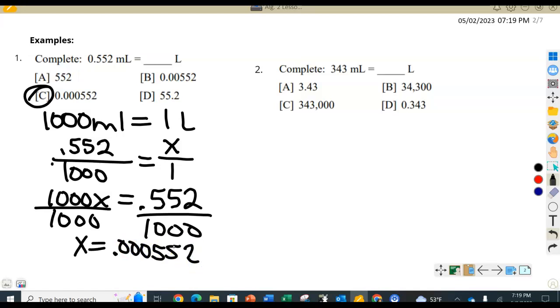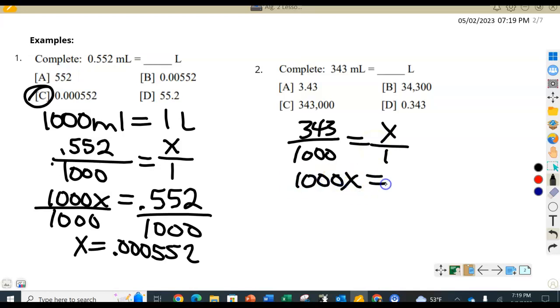Now number 2, same kind of problem. We're going to have 343 milliliters over 1,000 milliliters. We don't know how many liters yet, but we know that's over 1 liter. So we're going to have 1,000X equals 343.